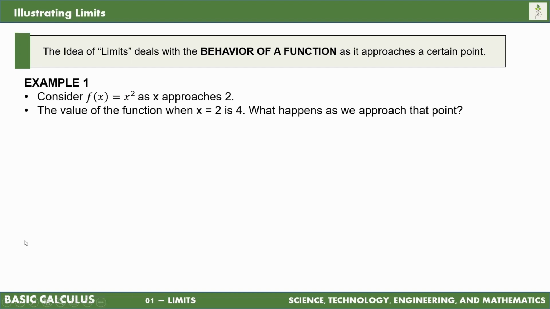We know that the value of this function is 4 when we let x equal 2. But when we say limits, we are concerned with what happens when we approach 2.